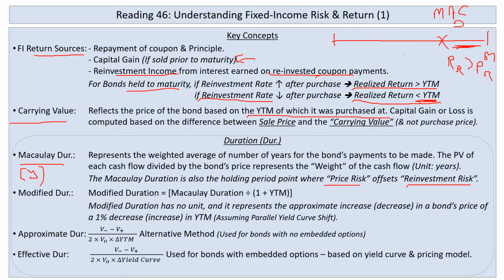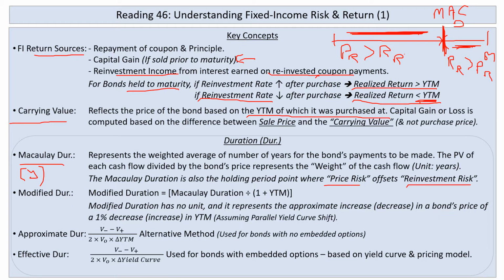If the bond is held up to this point, over this time horizon before the Mac duration point, in this case price risk is higher than reinvestment risk. If the bond is held up to the Macaulay duration point, price risk offsets reinvestment risk, so they are equal.